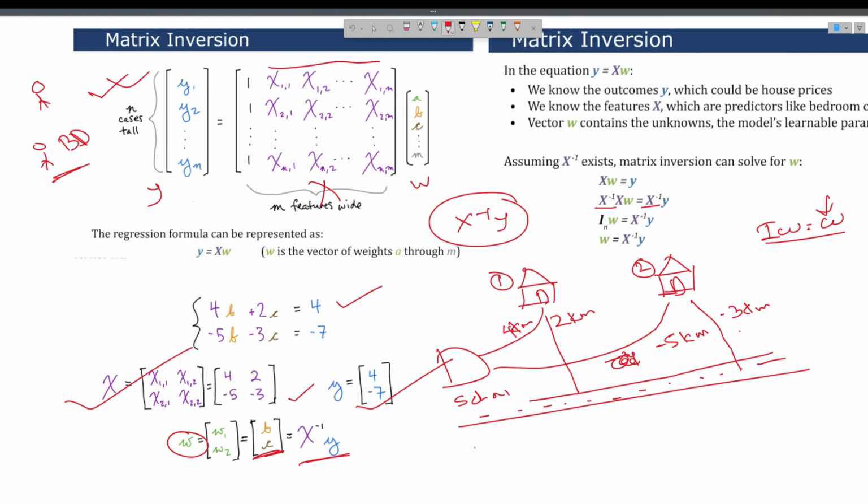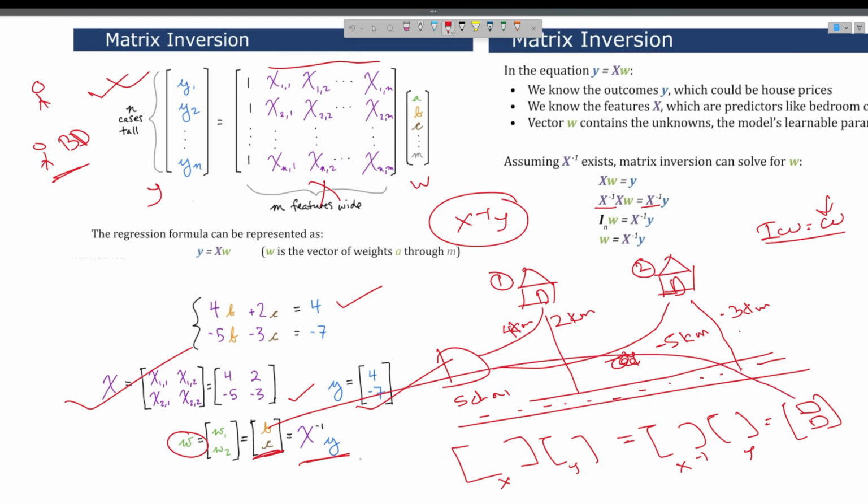So we have x, right? This is our x and this is our y. Now what we have to do is find the value of x inverse and then multiply it with y, and we will end up with two values. One will be for b, one will be for c.